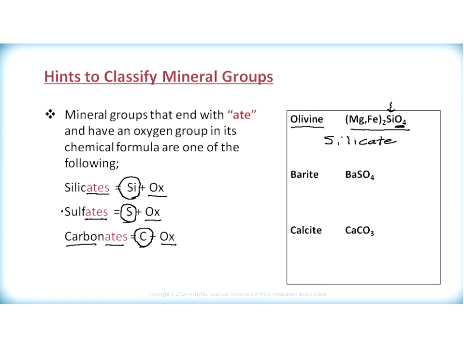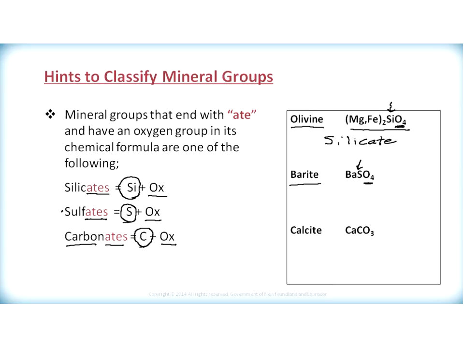The second example we need to look at is called barite. The formula for barite is BaSO4. When we look at the chemical formula, we see that it does have an oxygen group, O4. The element directly in front of the oxygen, in this case, would be sulfur.